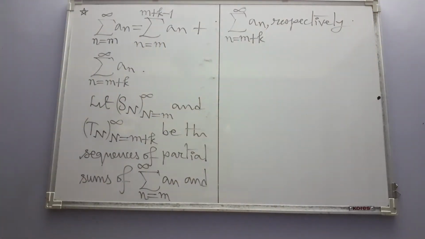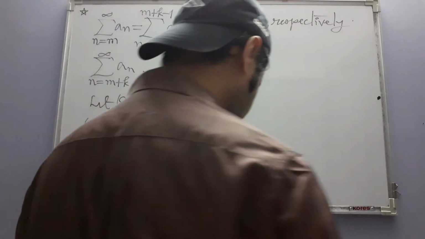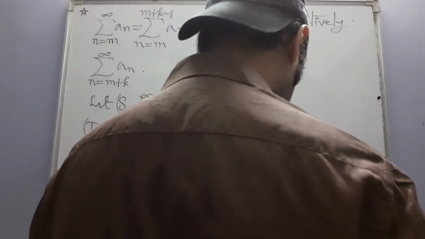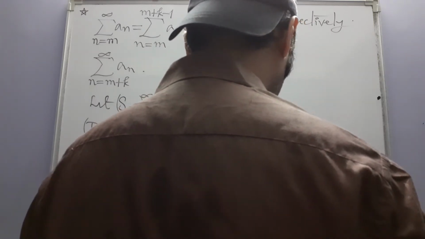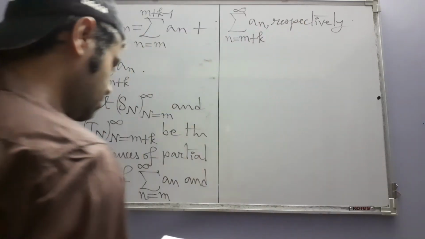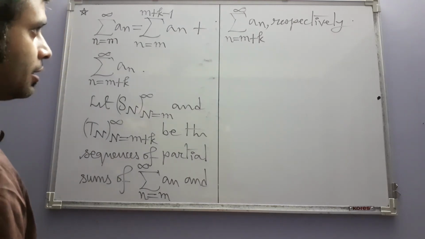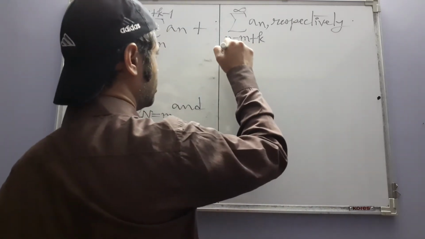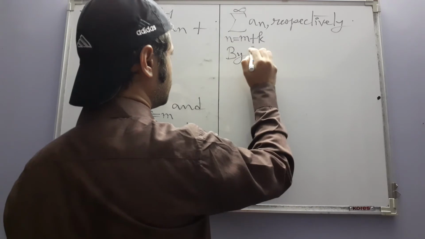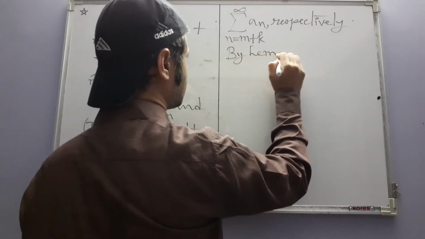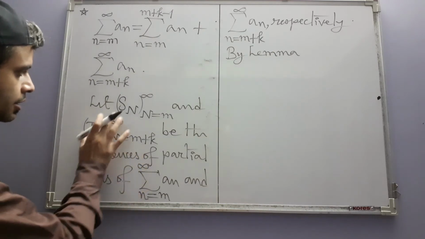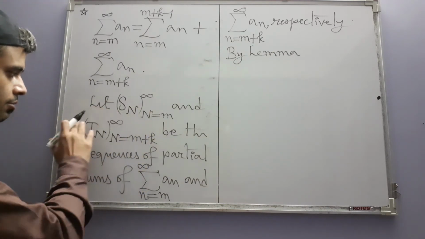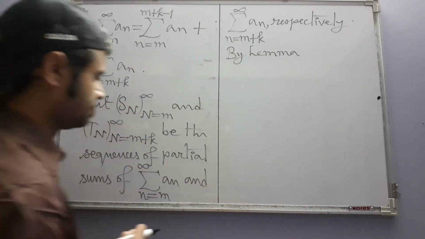Okay. Now we have to use one property of finite series, lemma 714 part A, to relate these two sequences or rather their terms.